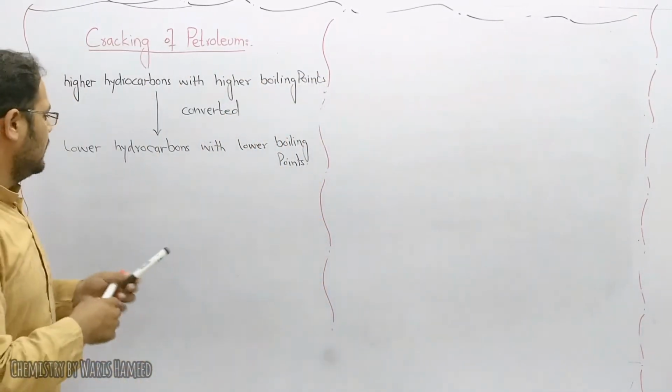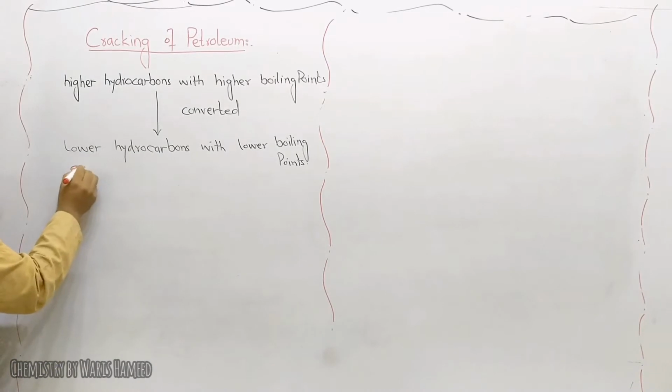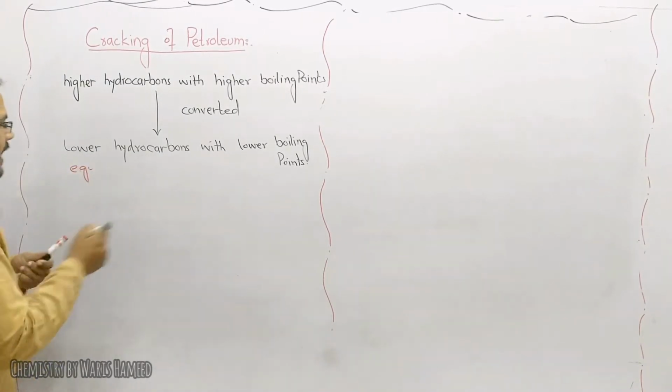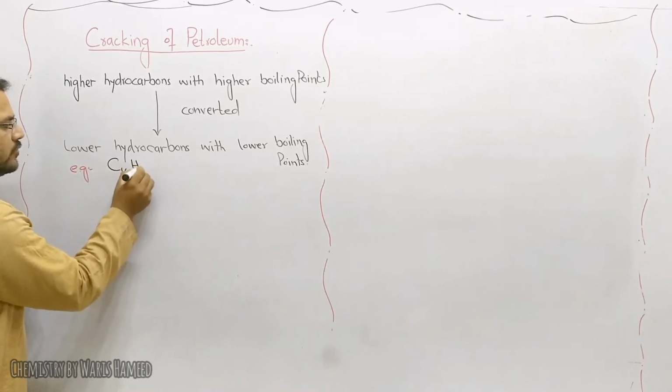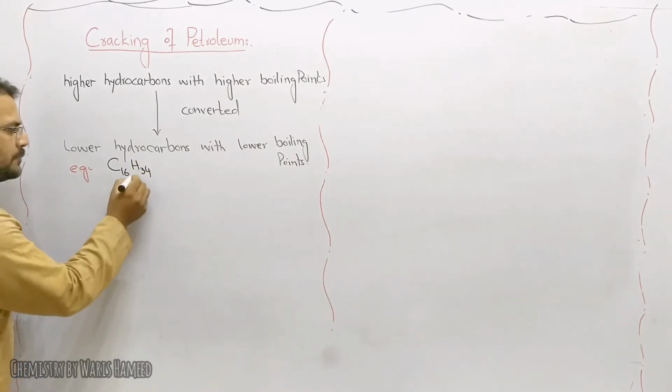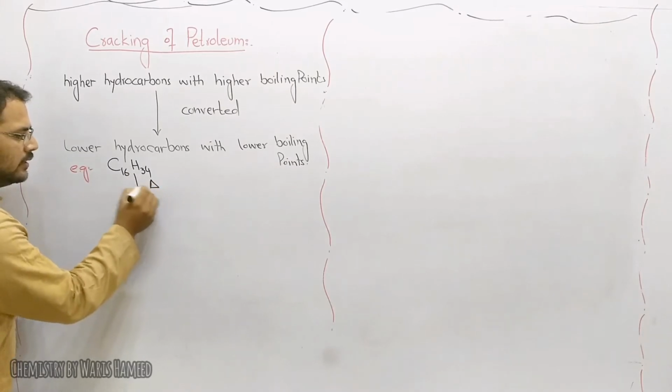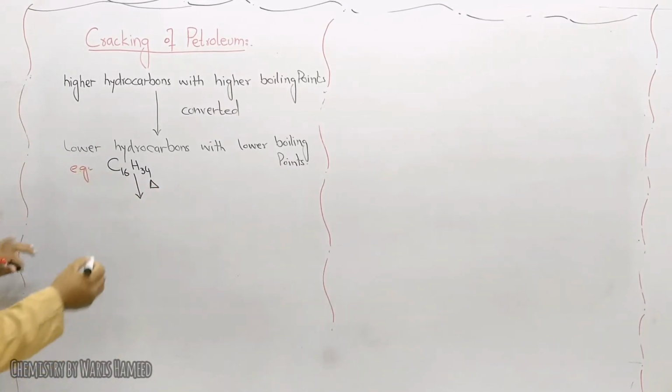For example, we have hexadecane, C16H34, and supplying heat to it, it will convert into its lower hydrocarbons.